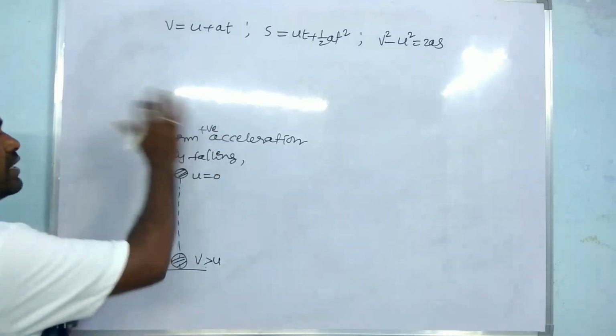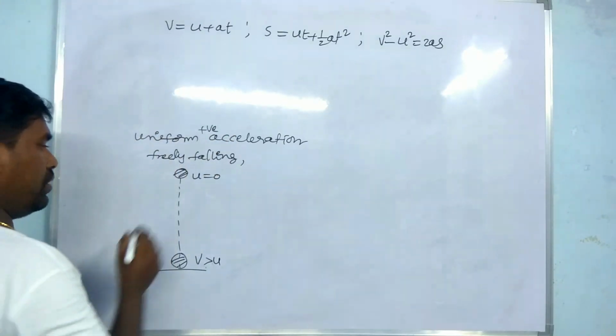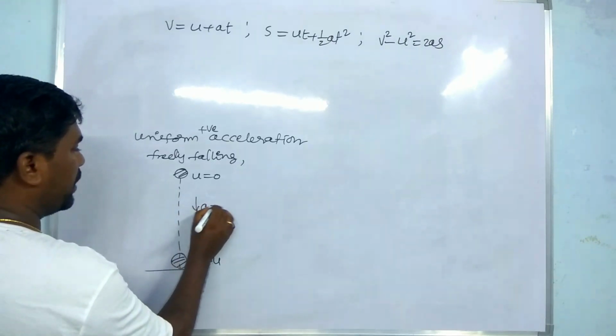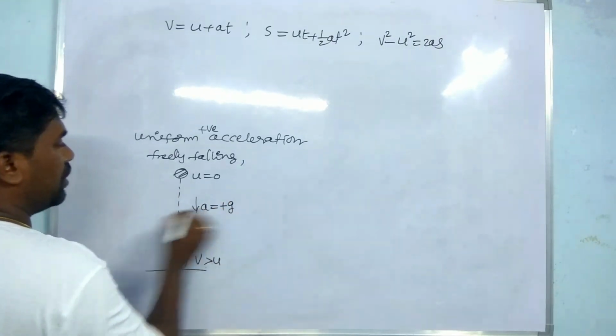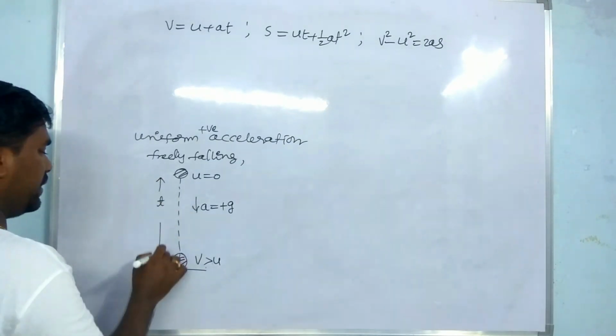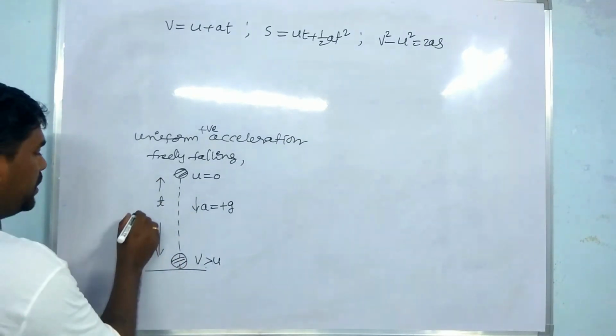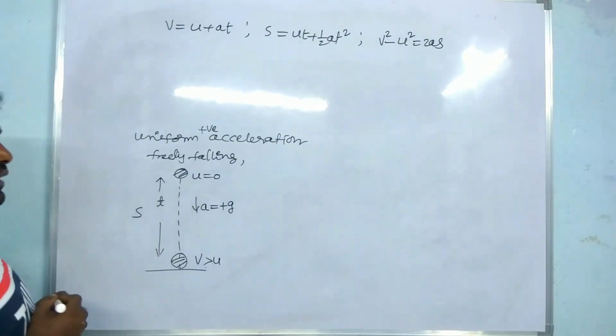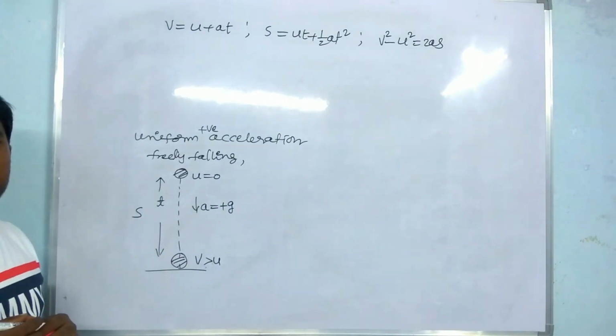Here the acceleration due to gravity is equal to plus g. Already we wrote that. The time taken by the body is t, and the displacement traveled by the body is s.